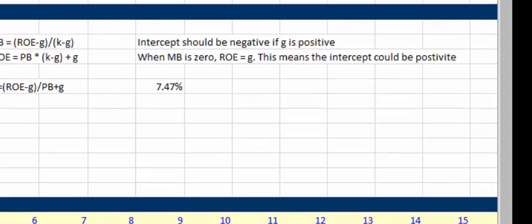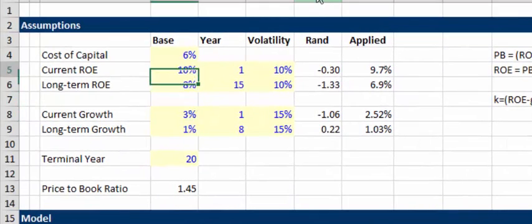Now I'm going to make a couple of other scenarios. What happens if we make, let's make, I don't know, a 50% volatility here. Let's make this go up to 12%. And we'll keep the growth rate the same. Maybe we'll put a 10% volatility on the growth rate.